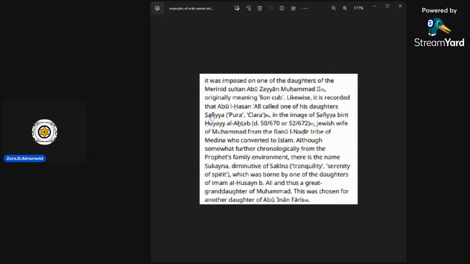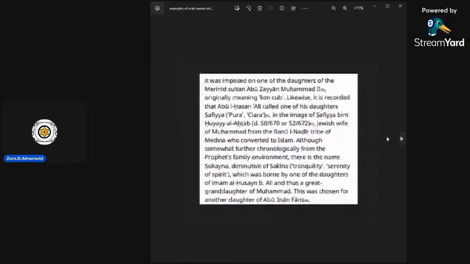And then Safiya, another name that the Marinid leader gave one of his daughters, which was the name of the Jewish wife of Muhammad, who converted to Islam. And again, we have Sukaina, the great granddaughter of Muhammad. This was chosen for another daughter of Abu Faris.